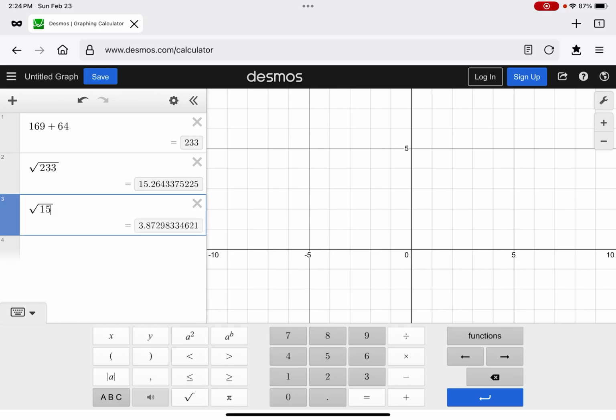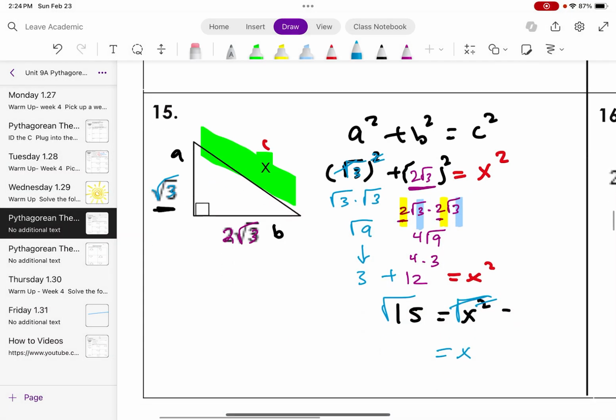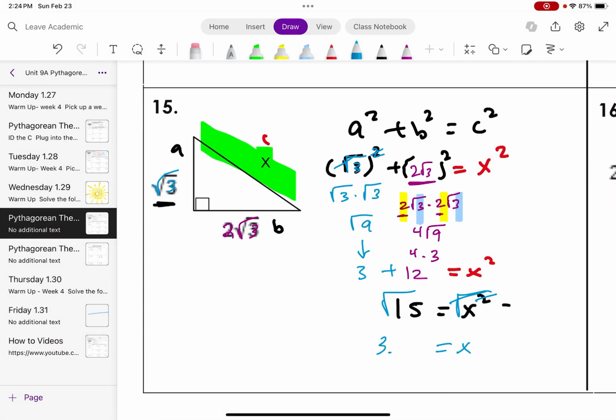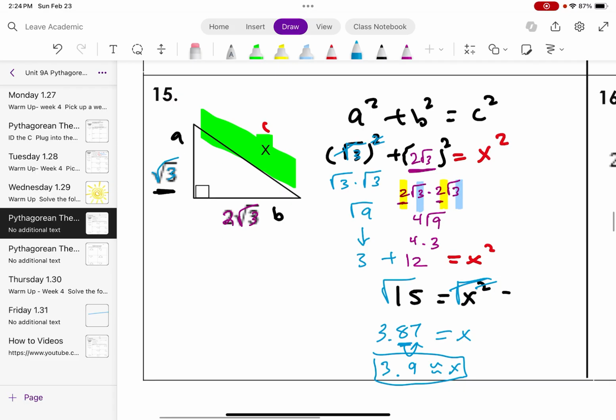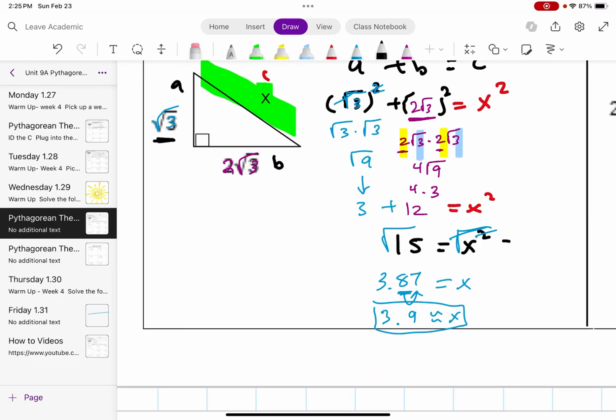Square root of 15 gives you 3.87. And so I go back here. So 3.87. Look at the 8. Look right behind it. And it becomes a 0.9 in that case, okay? So 3.9.